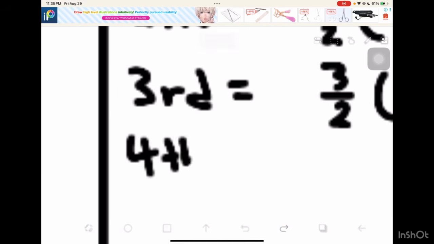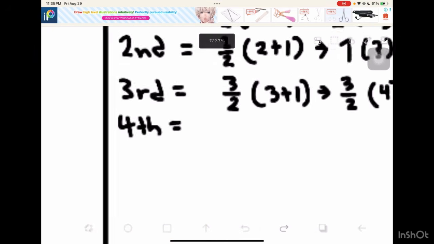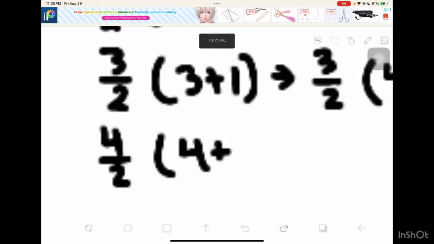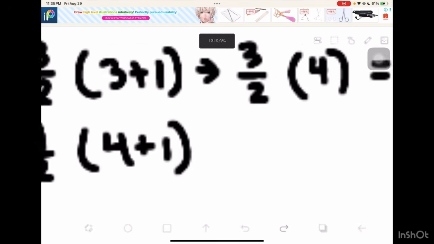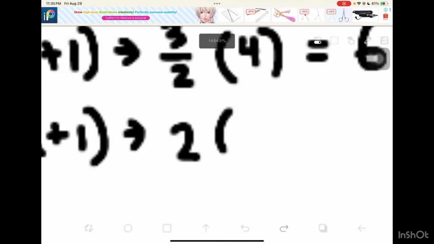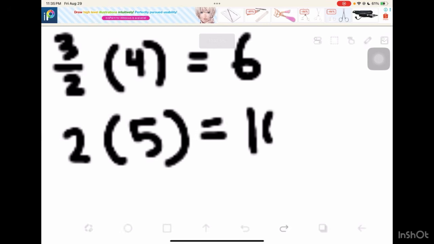Fourth term, 4 over 2 times 4 plus 1. That simplifies: 4 divided by 2 is 2, and then 5, and 2 times 5 is equal to 10.